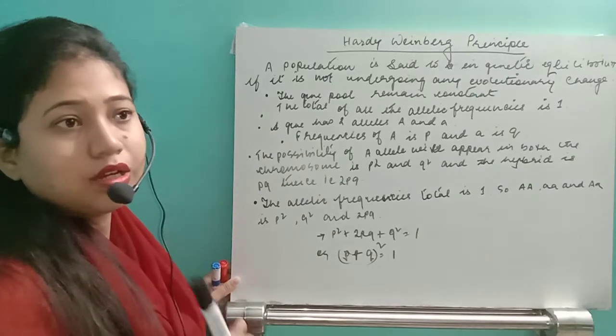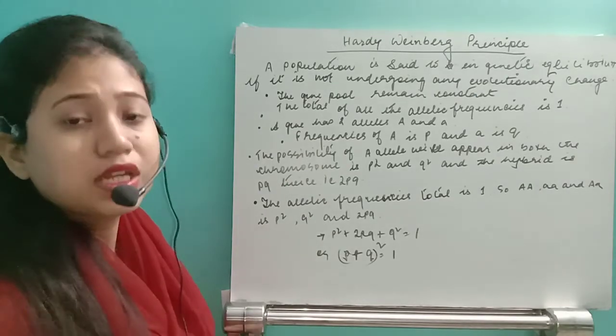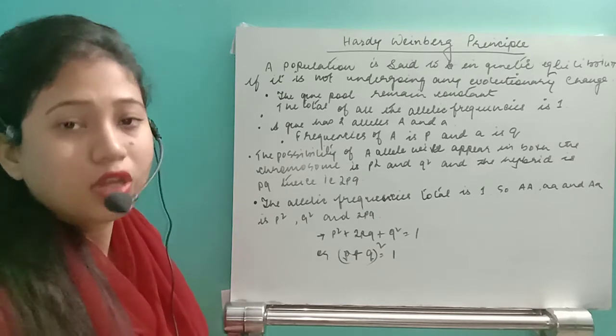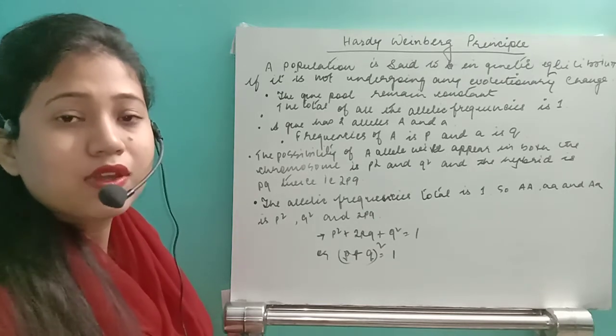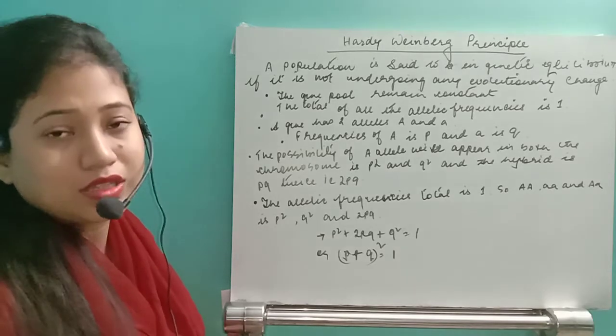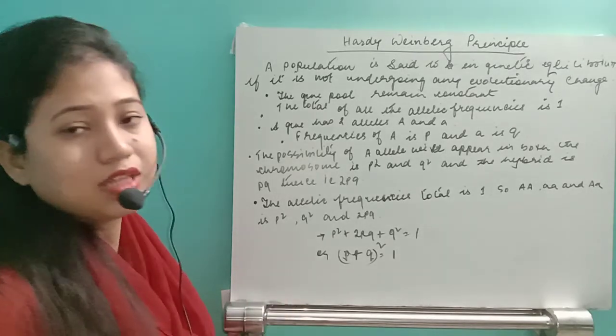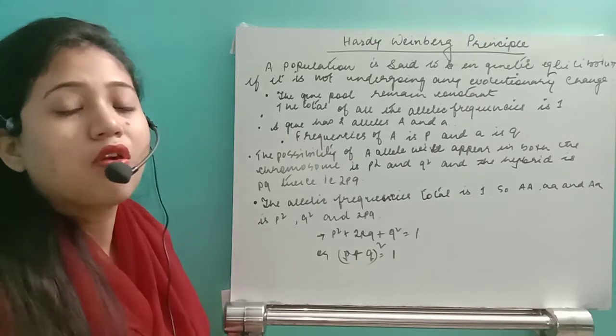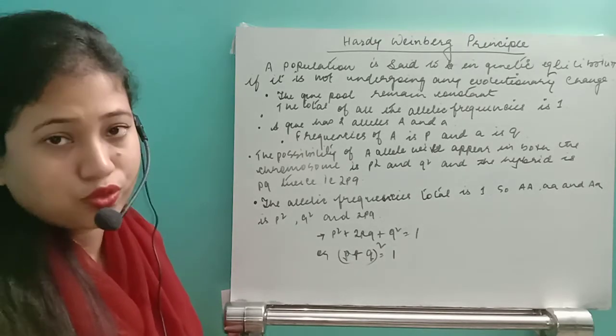If we take two alleles, capital A and small a, the frequency of capital A is taken as p square, and the frequency of small a allele is q square.